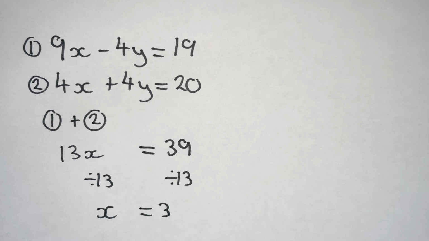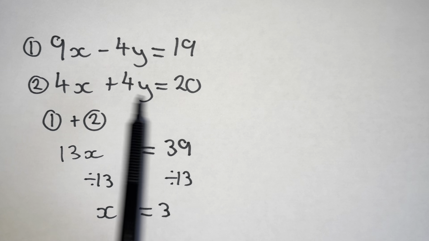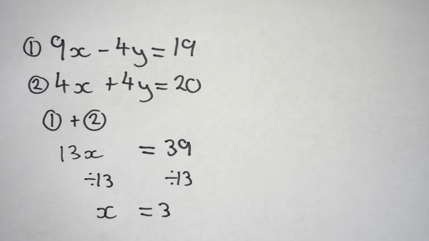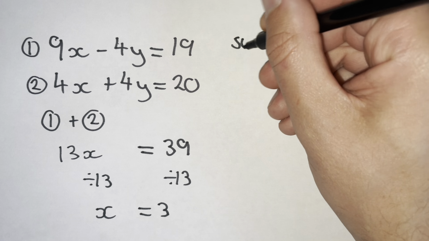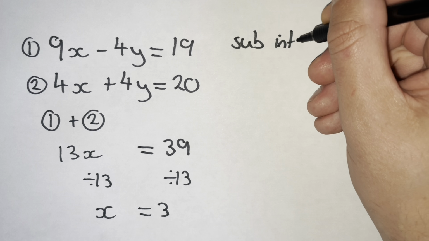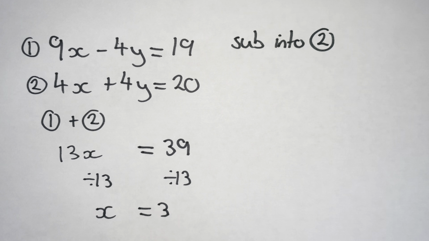So we've worked out what x is, we now need to find y. And this time I'm going to sub into equation 2, because in this equation everything is positive, and that makes things a little bit easier. So sub into equation 2.